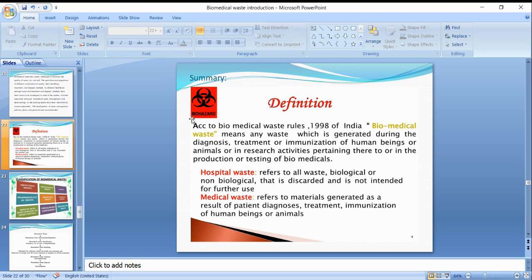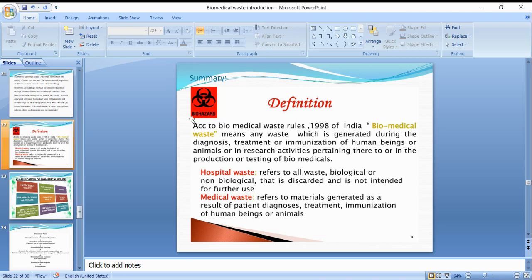So the waste generated from hospitals is called biomedical waste. Not only hospitals, but also nursing homes, clinics, biomedical research centers, and veterinary hospitals. All those are considered as biomedical waste.